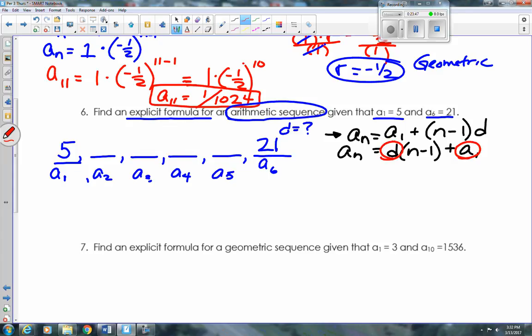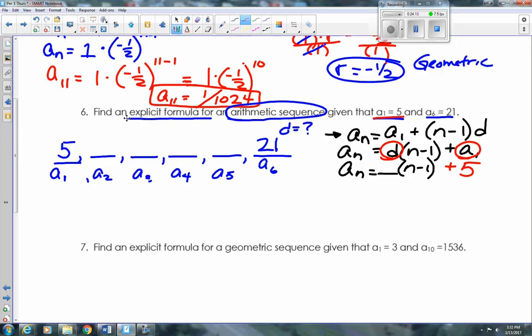All right, my explicit formula then, we said we need to know a1, and we need to know d. Well, with the information that's given to us, we know a1, that's 5. So I know I'm going to substitute in a 5 for a1, but I don't know what d is. So that's my missing piece that I have to figure out. Something times n minus 1. So I'm going to go back to my list of terms, starting with the 5.